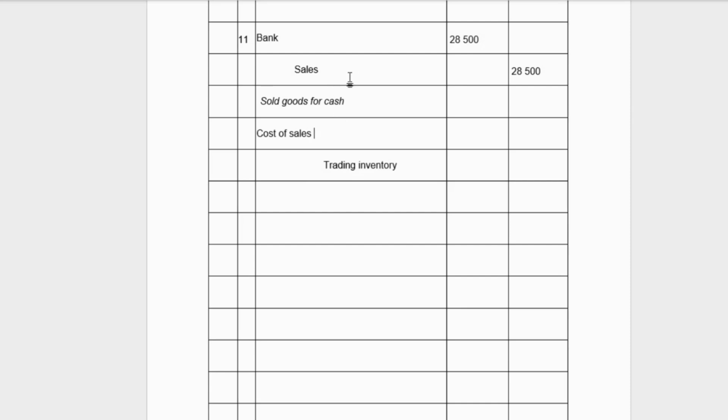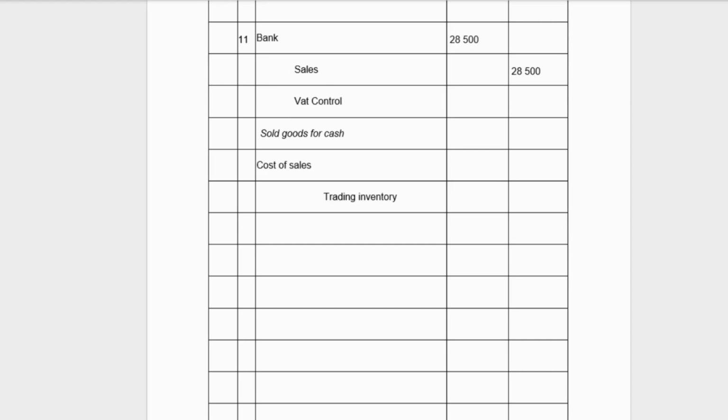But remember, on this transaction, oh, sorry, I forgot to outline VAT. Let's just outline VAT first. VAT goes with our sales, so we're going to credit VAT control there. We had to account for VAT. Sorry for that.